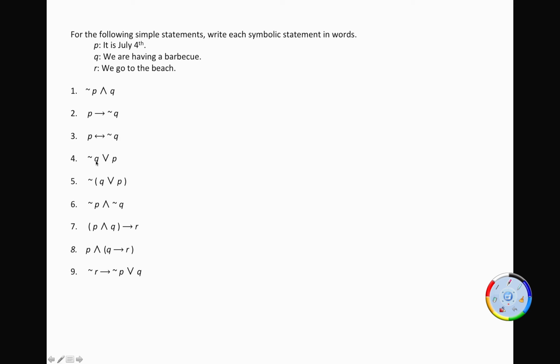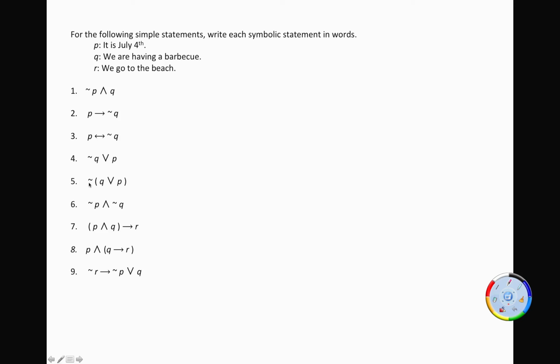Not Q or P. We are not having a barbecue, or it is July 4th. Okay, this one, remember, when the negation is outside the parentheses, it is read, it is not true that.